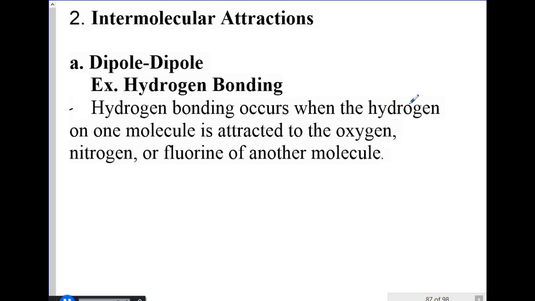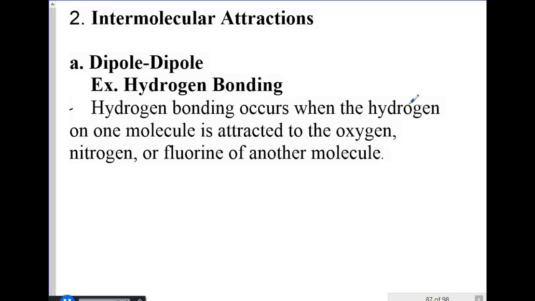Because of the way electrons are either transferred or shared within a molecule, this leads to attractions between different water molecules. One of the very most important types of interactions that I can teach you about is what we call dipole-dipole.